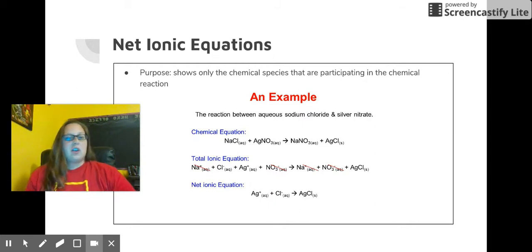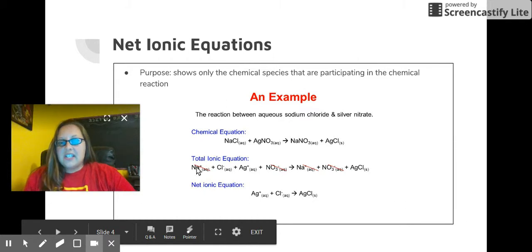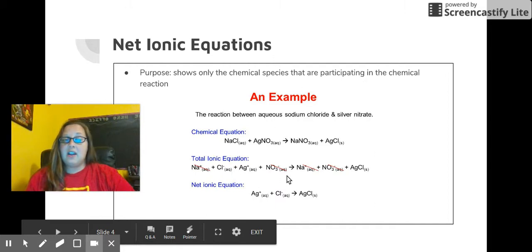Now, if your chemical species does not change from an ion to something else, or from something else to an ion, then we call that a spectator ion. It is not changing. It is not in the action of the reaction. So look here. Sodium plus is an ion here. It's also an ion in the product side.